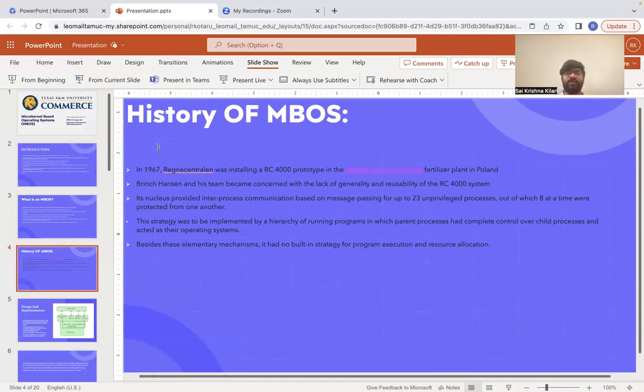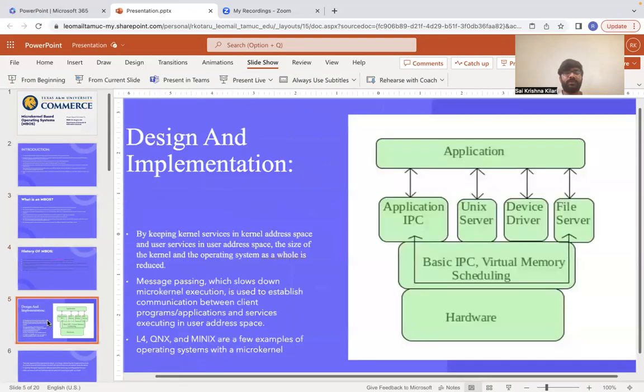This strategy was to be implemented by a hierarchy of running programs, in which a parent process has complete control over the child processes, which act as their operating systems. Besides these elementary mechanisms, it has no built-in strategy for program execution and resource allocation. In the design and implementation, by keeping kernel services in kernel address space and user services in user address space, the size of the kernel and the operating system as a whole is reduced.